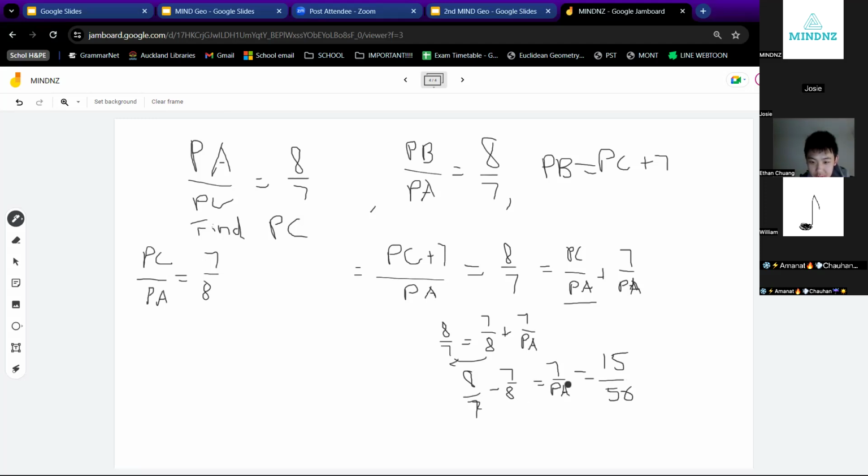And then you do the cross multiplication to get 15 PA equals 7 times 56 over 15. So then you can use this to find PC if you just sub this back in there.